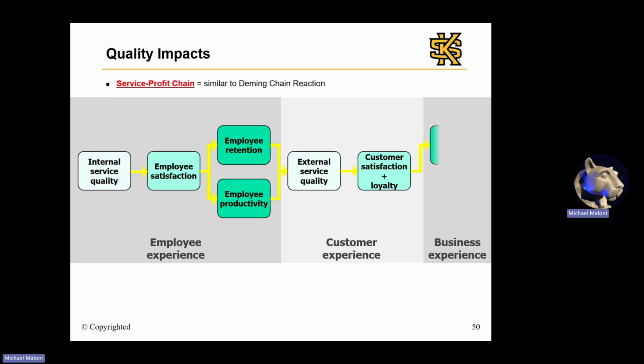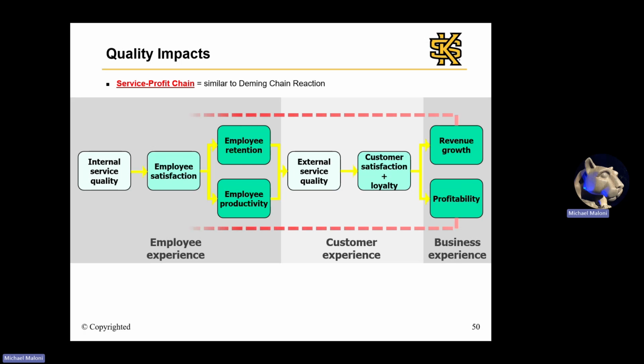The satisfied, loyal customers spend more with the organization, growing revenue, sales, and support higher profitability. And then the key is that the organization reinvests this financial growth back into the business to further enhance internal service quality, restarting the cycle like the Deming chain reaction.